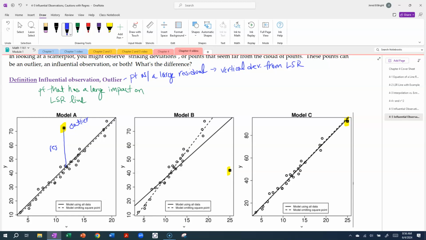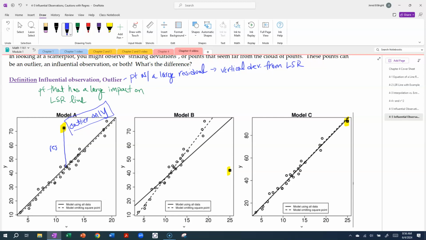The solid line is the model using everything, that point included, and the dash line is the LSR line if that point were omitted. And as I look at them, does it appear that if we remove that point the LSR line changes significantly? No. So I'm going to say that this one is an outlier only.